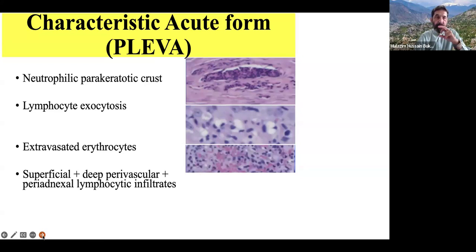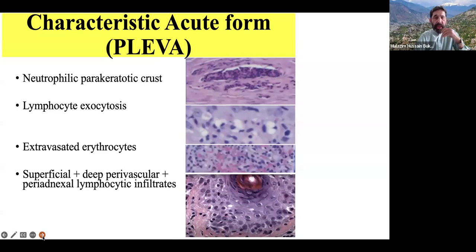Characteristic features are superficial and deep perivascular infiltrates. Mostly in lichen planus we see only the superficial; hardly does lichen planus involve the deep layers. When it is deeper, when all these pictures are present, and periadnexal infiltrate is a very important picture, especially with no eosinophils.